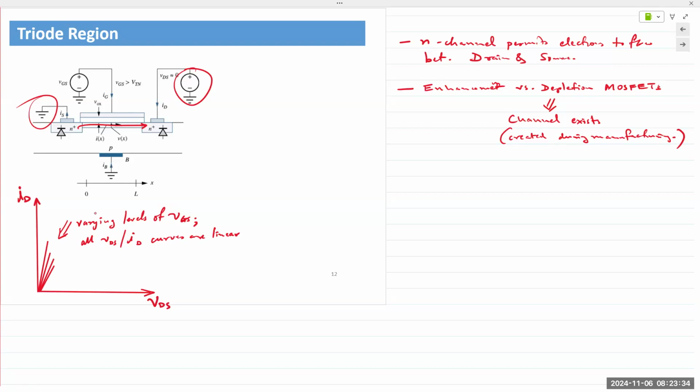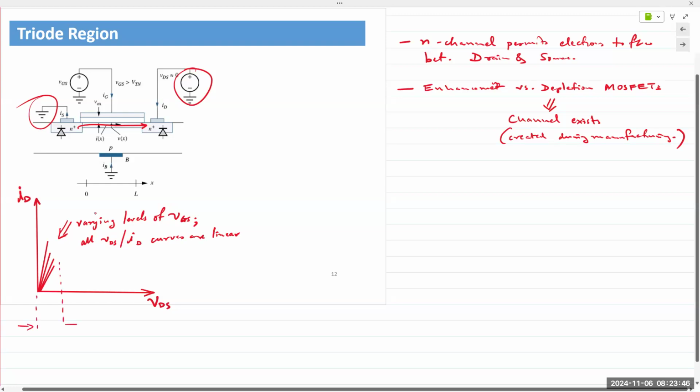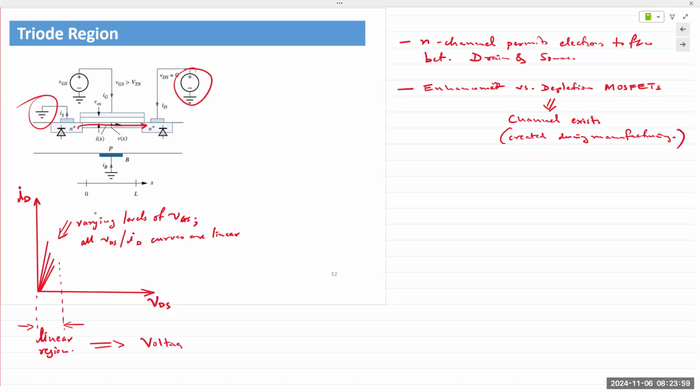When a voltage and current have a linear relationship, the device is behaving like a resistor. And so in this linear region, the MOSFET behaves like a voltage controlled resistor.